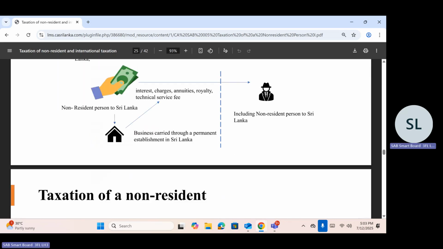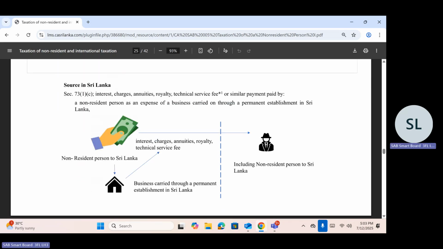Right. So the other part. Interest, charges, royalties, technical fees or similar payment paid by a non-resident person as an expense of a business carried on through a permanent establishment in Sri Lanka. The person who makes the payment, right? A non-resident person, has a permanent establishment in Sri Lanka.